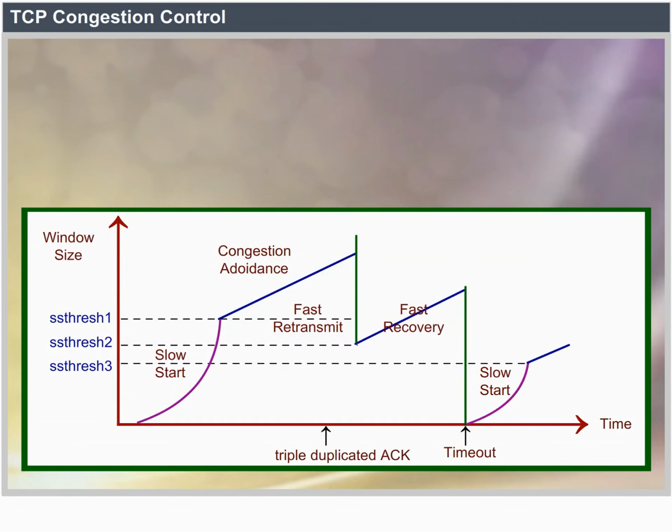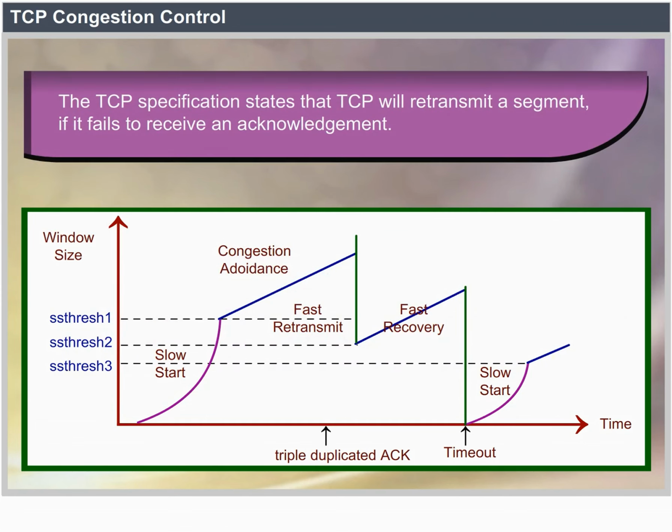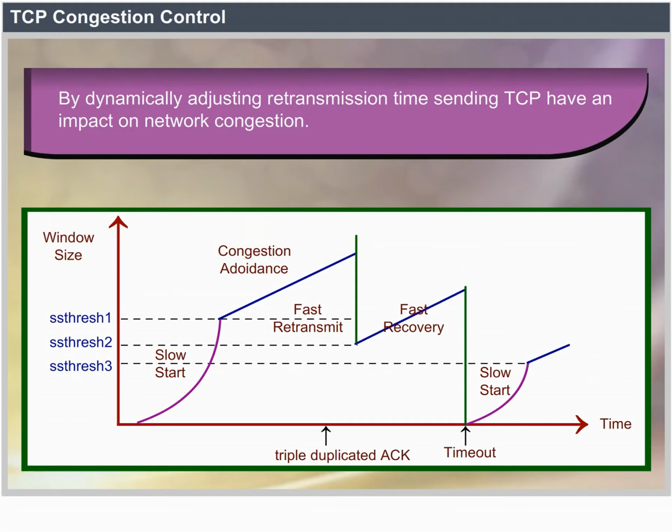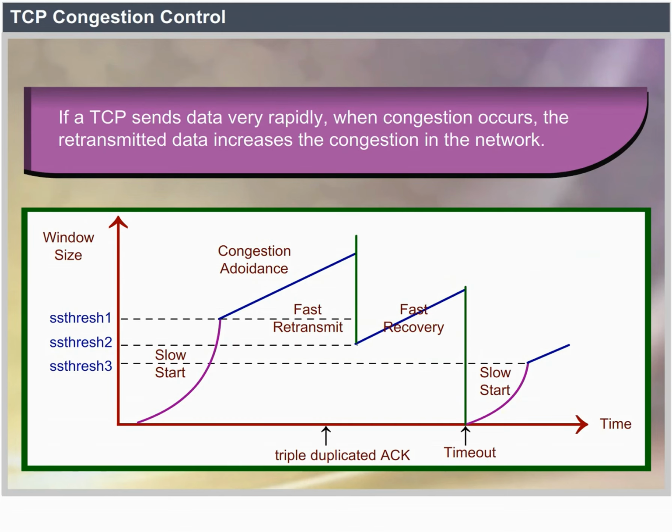The TCP specification states that TCP will retransmit a segment if it fails to receive an acknowledgement. By dynamically adjusting retransmission time, sending TCP can have an impact on network congestion. If a TCP sends data too soon when congestion occurs, the retransmitted data increases the congestion in the network.